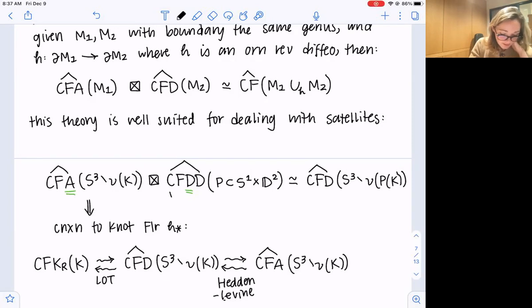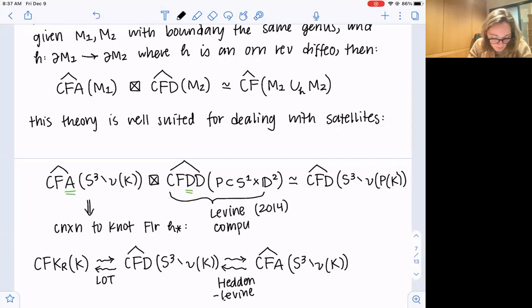And then this object is maybe more intimidating to produce, but we're lucky that Adam Levine in 2014 computed this bimodule, which is in general a highly non-trivial thing to compute. This bimodule for the Mazur pattern. So we've reduced this question to an entirely algebraic operation.